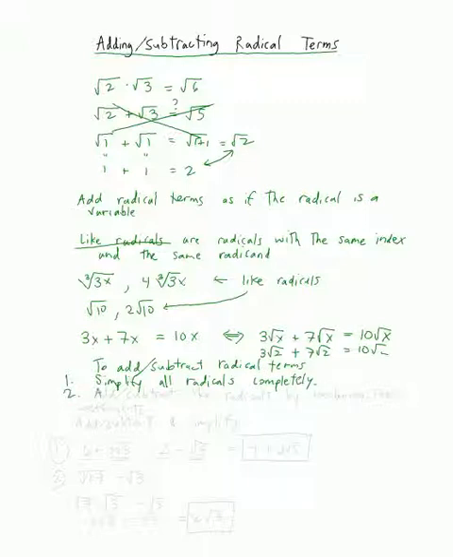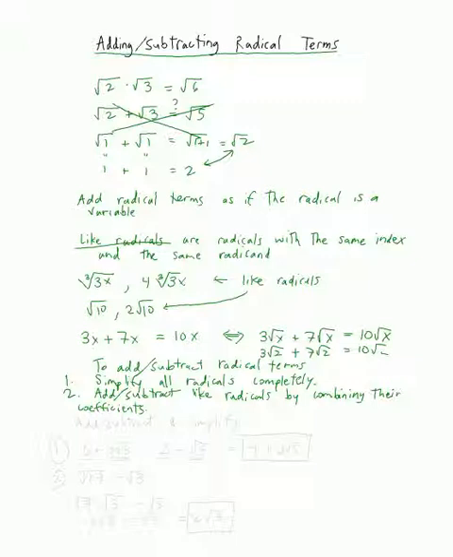Step 2, add or subtract like radicals by combining their coefficients. Okay? So these are going to be the two steps, to simplify the radicals and then to add or subtract the radicals, terms that are the same radicals, by combining their coefficients.